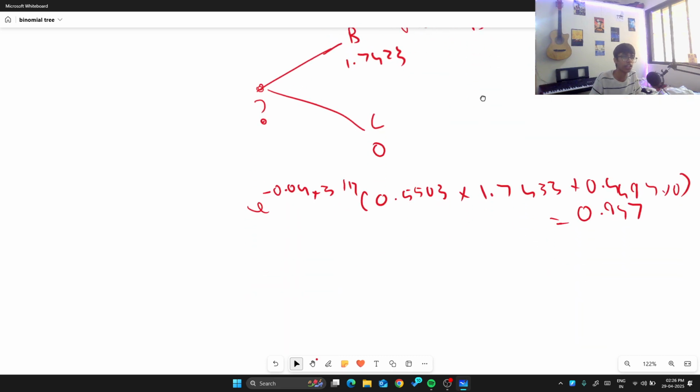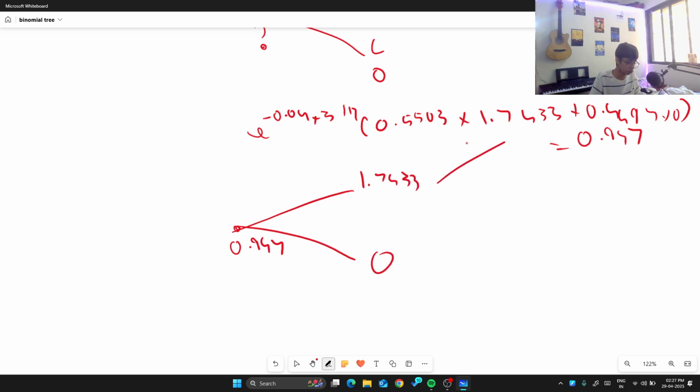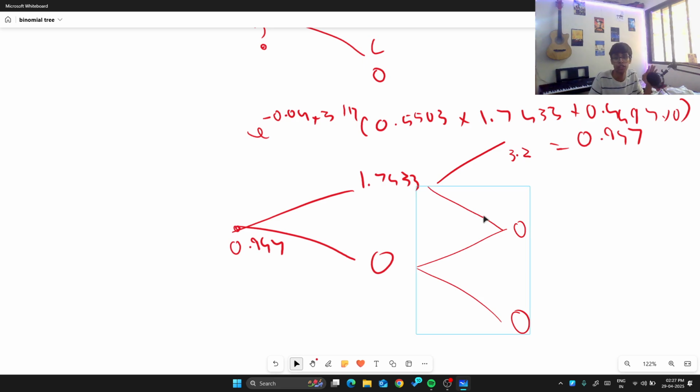So our final graph would look like this: 0.947 as the option price, then 1.7433 and 0, then it goes to 3.2, then 0, and 0, and 0. That's how the two-step binomial tree works.